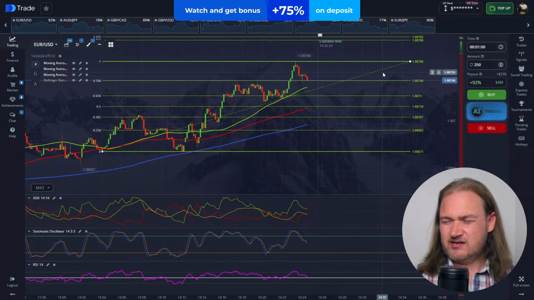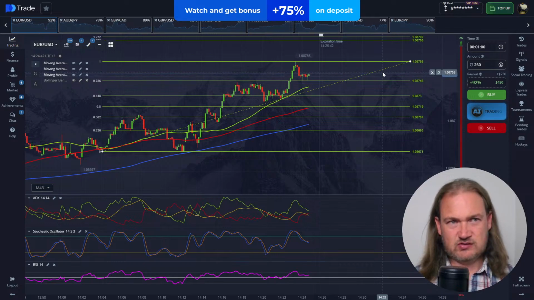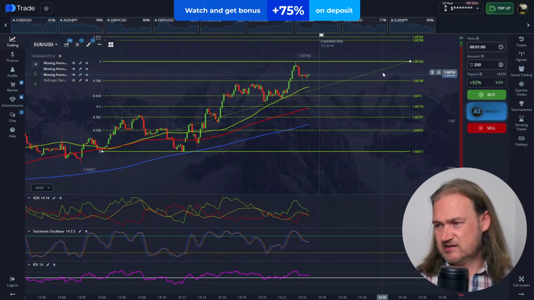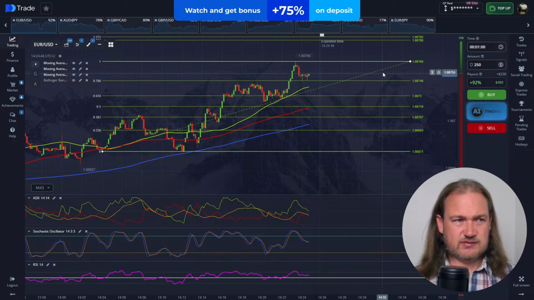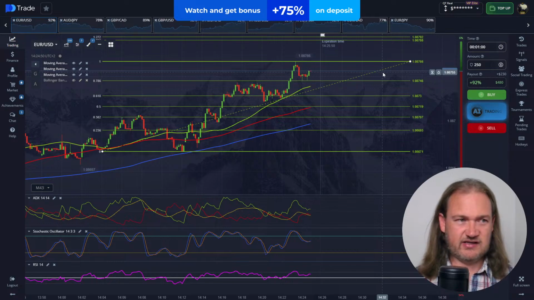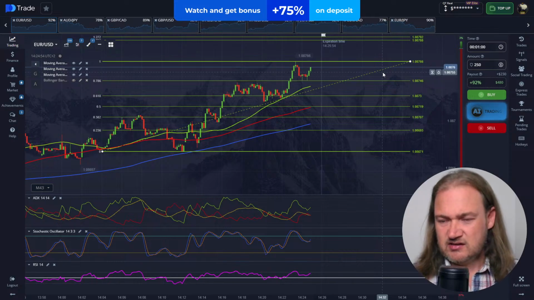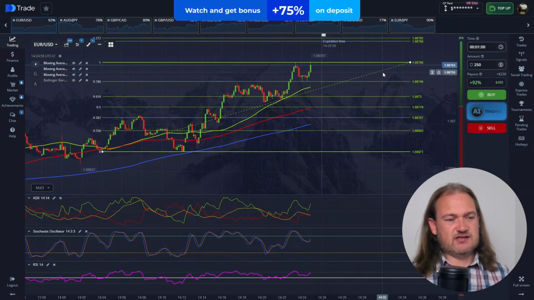And I'm just a little bit extra cautious when it comes to important data. I know there's a lot of guys that love trading the data results. Personally, not a big fan.